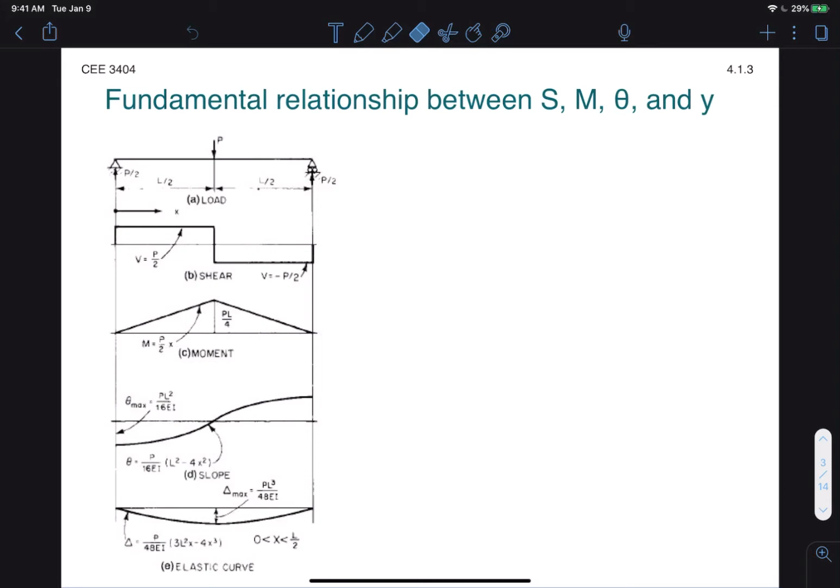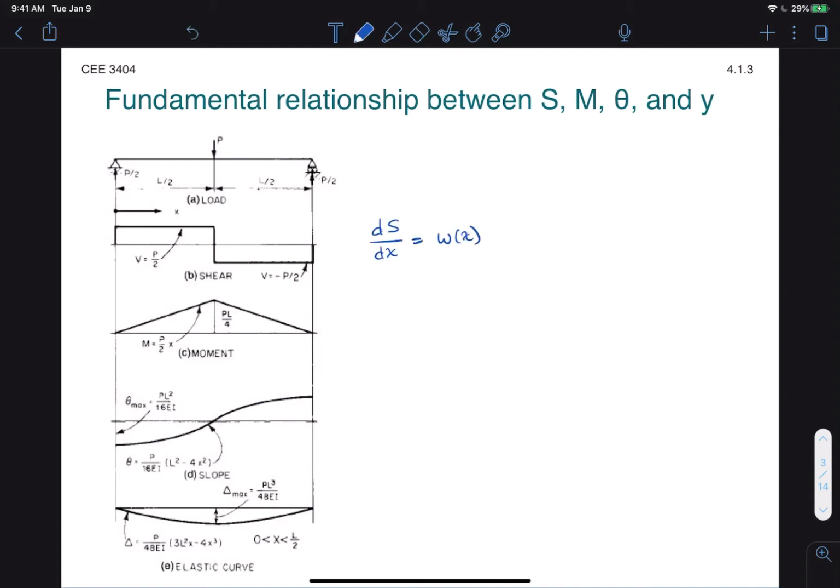Now here we have an example of a loaded, simply supported beam. If you recall from the last module, the relationship between the load and the shear was simply a differential relationship where the derivative of S, the shear, is equal to the distributed load.